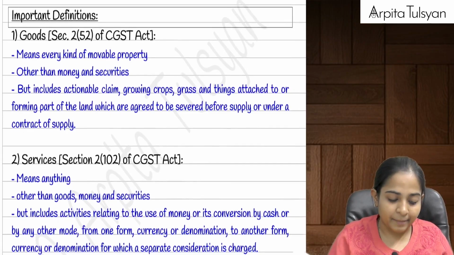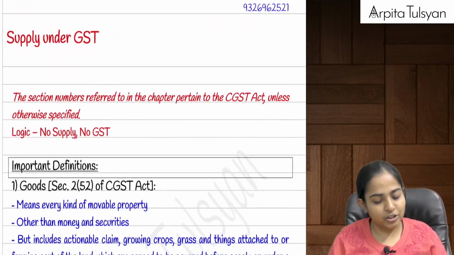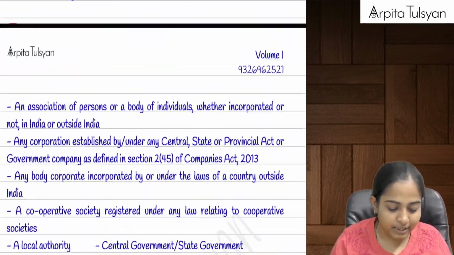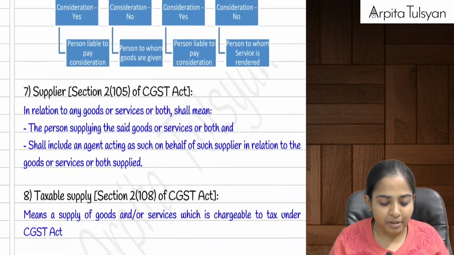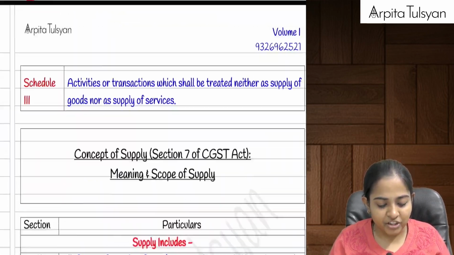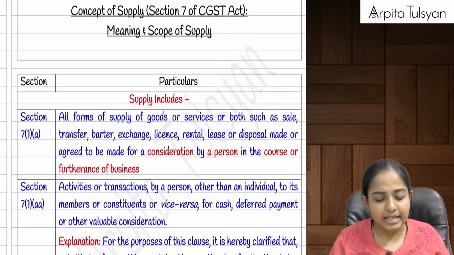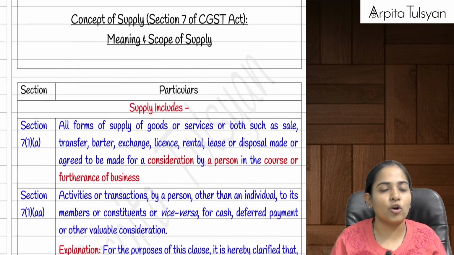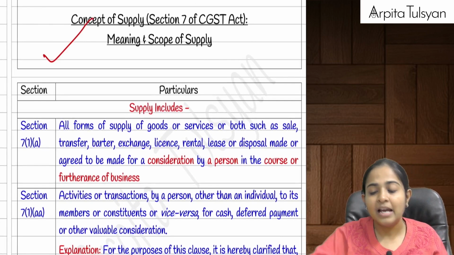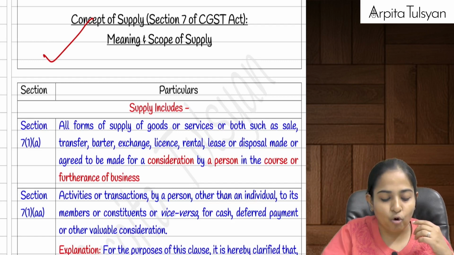We have got important definitions here, which you can refer to once. I am going to section number 7, everyone, from where the main chapter starts. Section 7 talks about the concept of supply, that is, the meaning and scope of supply.